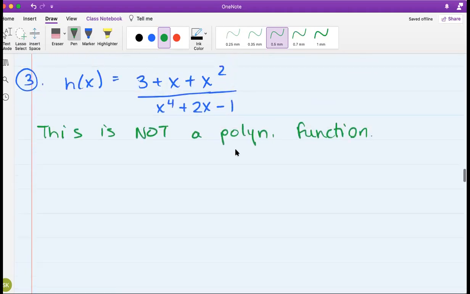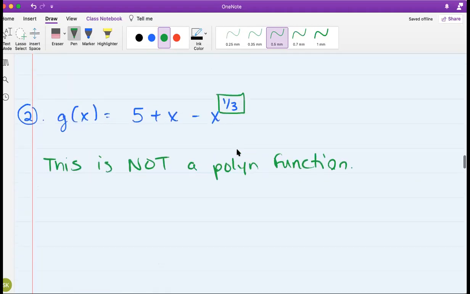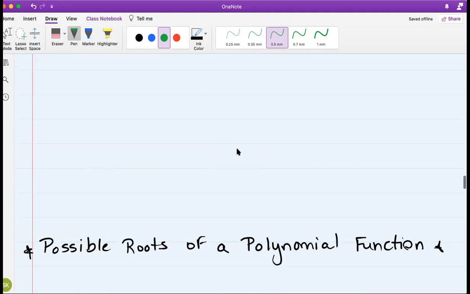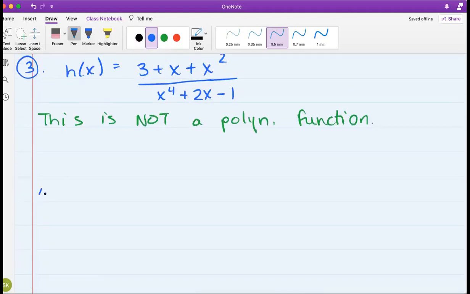Before I move on to the next section, I want to talk about another type of function you might see. I don't think we've seen it yet. And it would look like this. So let's say k of x is equal to 3 plus the square root of x minus 7, something like this, or something involving x under a square root. This is not a polynomial function.